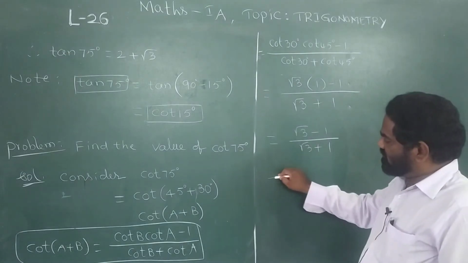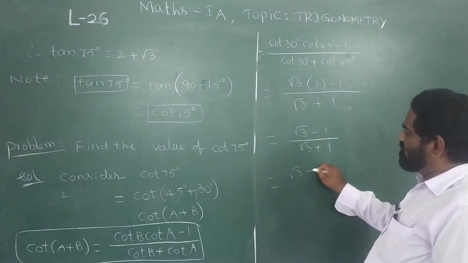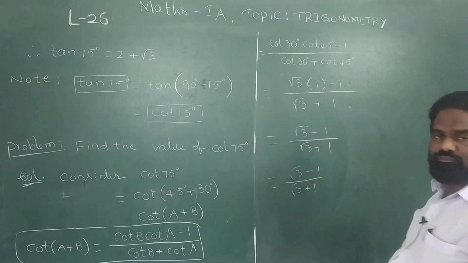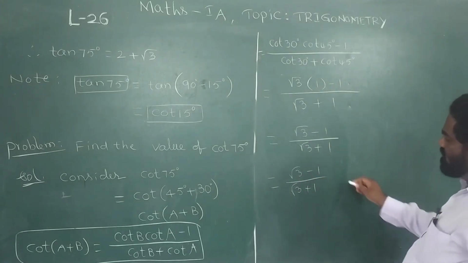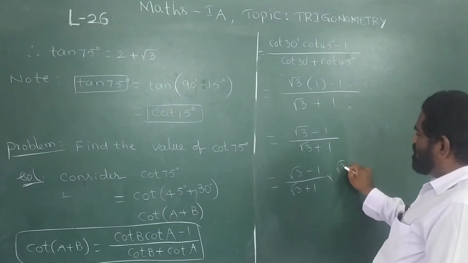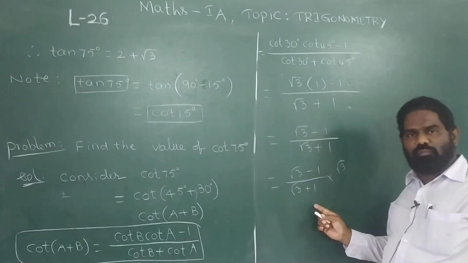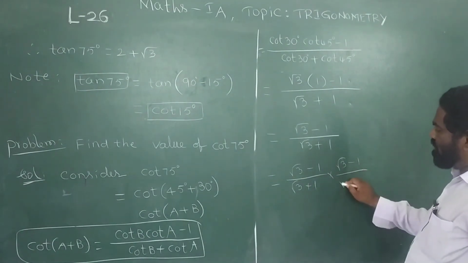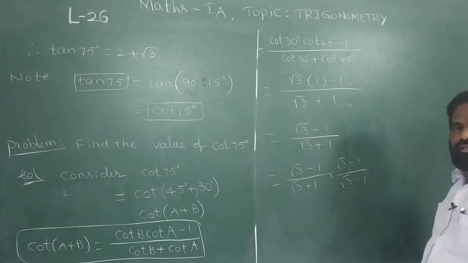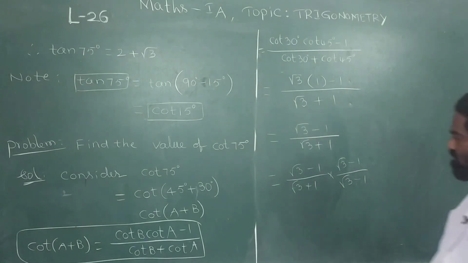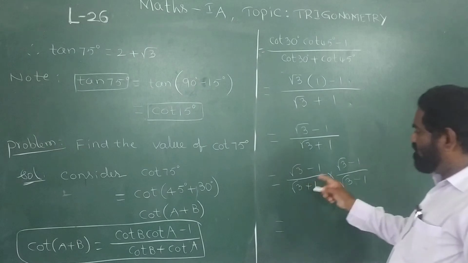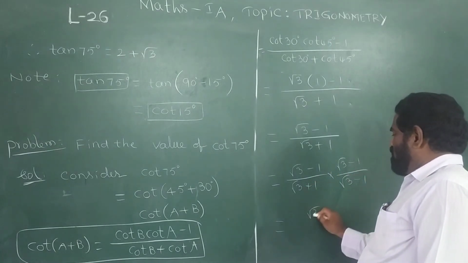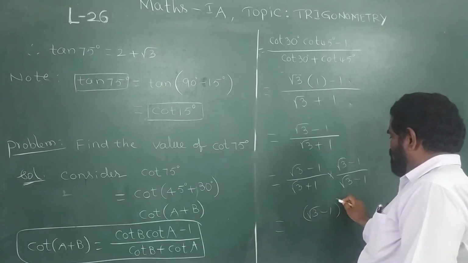Rationalizing factor of the denominator is root 3 minus 1 by root 3 minus 1. In numerator what will come? Root 3 minus 1 whole square.